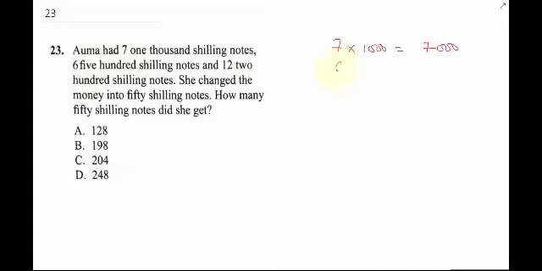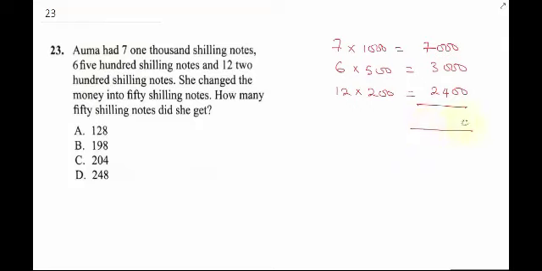Now she had 6 500 shilling notes, and that will give us 3,000. She had 12 200 shilling notes, and that will give us 2,400.